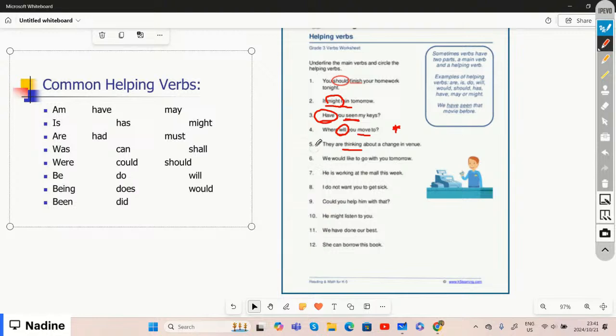And if we were to identify the helping verb within that sentence, we can say are is our helping verb. They are thinking. Yes, well done. Thinking is our main verb, and are is our helping verb. It helps the main verb thinking.